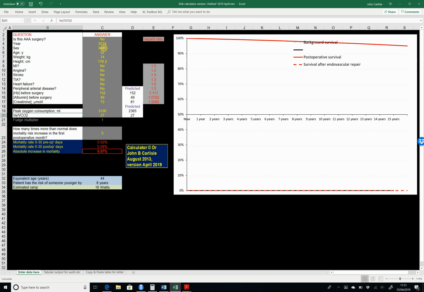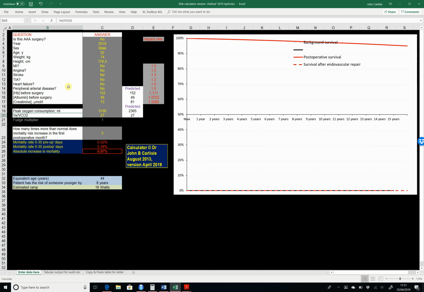The particular version I'm showing you now is called a clothed version because I've hidden a lot of the nuts and bolts. For instance, there's a whole load of pages that I've hidden. There's another version called the naked version that shows you all the pages and all the equations, and you can change them as you wish.